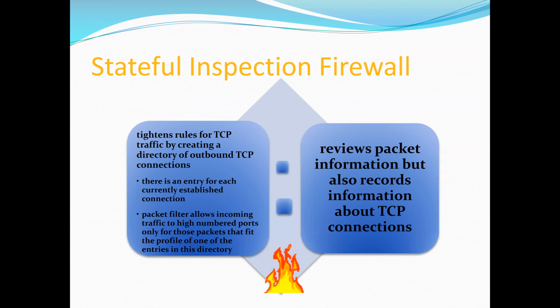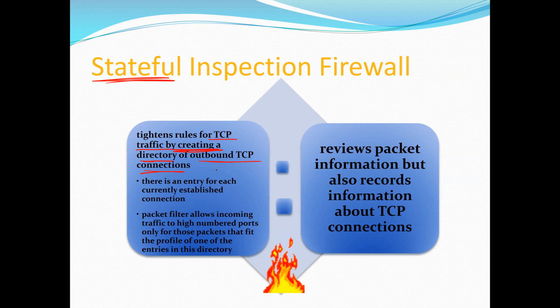Now, there's also some other types of firewalls called the stateful inspection firewall, and usually the previous one is stateless. You don't keep track of anything, right? So that's stateless. In the stateful one, you have some information that you're keeping. So it tightens rules for TCP traffic by creating a directory of outbound TCP connections.